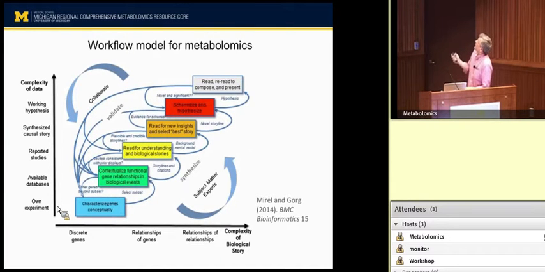This is from Barbara Morell's paper last year, looking at workflow models for when you actually get biological data. You look at just one thing, and then you build and build, and it's really a recursive process when you look at these larger data sets. You can go back.